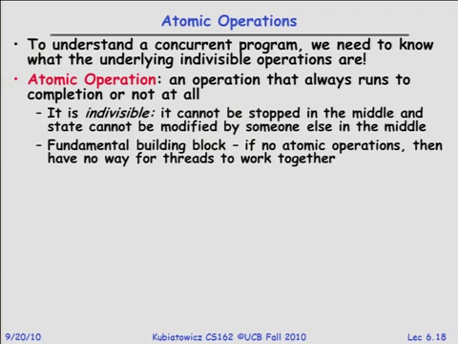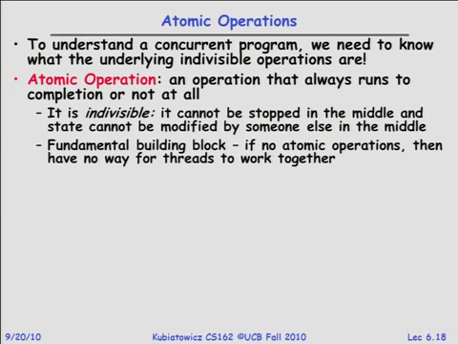A good example of what we'd like to be atomic is what we were giving previously in that bank example, the load, modify, store. We'd like that to be an atomic operation so that there's no way to get any interleaving there. If we could make that load, modify, store be atomic, then we don't have the problem of things not quite working properly. Okay, is everybody with me on that?